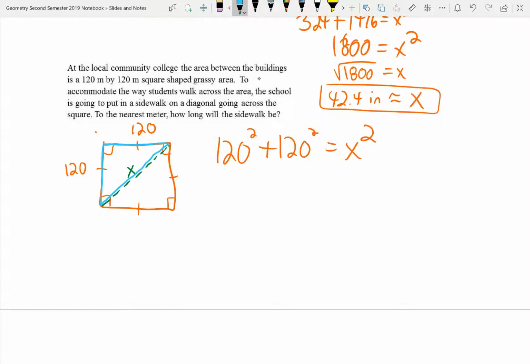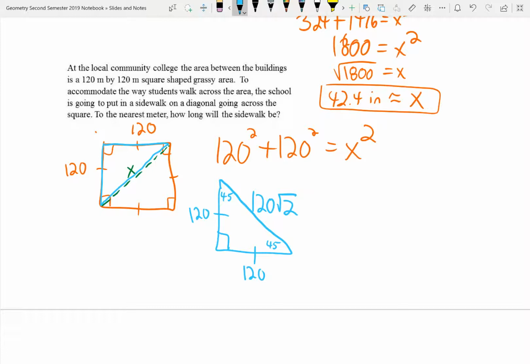So if I draw this triangle right here, it's an isosceles right triangle where each leg is 120. That is isosceles, this means it's a 45, 45, 90 right triangle, which is going to make x equal to 120 root 2. Oh, okay. So literally, we're done.